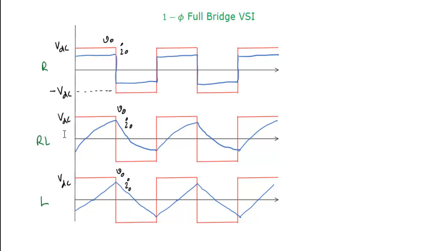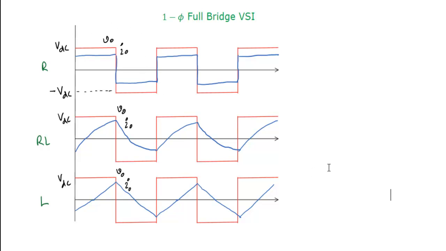In all the cases, the voltage waveform will be similar, a square wave. As I told you, in case of VSI, the output voltage does not depend on the load connected to the inverter. But the current waveform is decided by what load we connect to the inverter. That's why you can see different current waveforms. The blue color indicates the current and the red color indicates the output voltage.